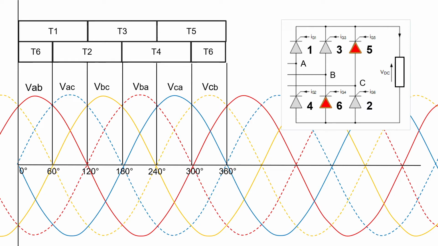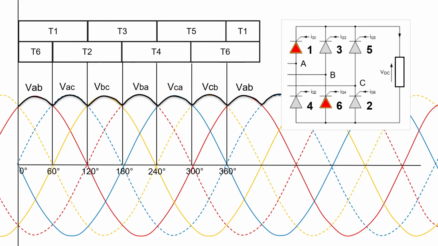Now, after this sequence of 0 to 360 degrees, the cycle repeats. The next T1 is brought in and T6 is kept the same and VAB continues. This is the output voltage that is seen at the rectified output terminal. So the black solid line represents the pulsating 6-pulse output waveform, which is of DC nature.